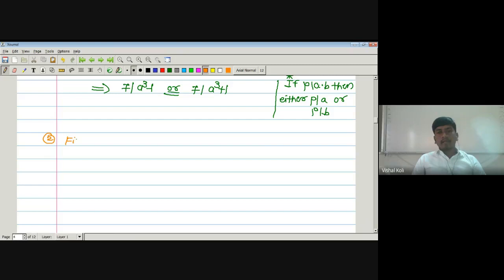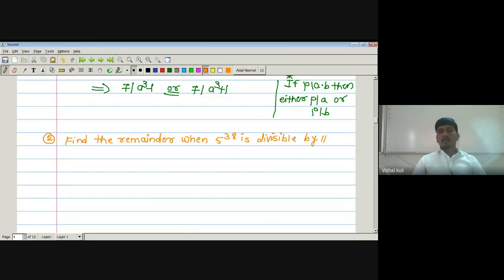Find the remainder when 5 to the power 38 is divided by 11.